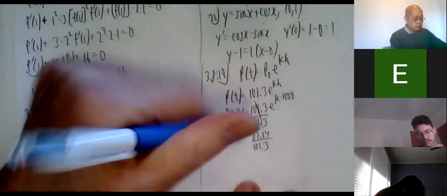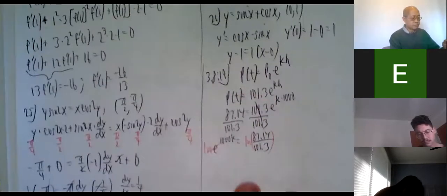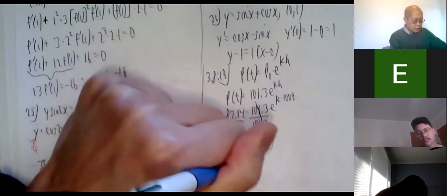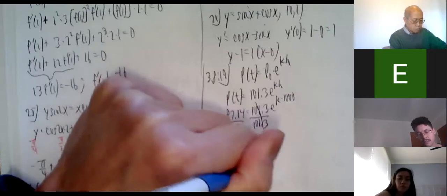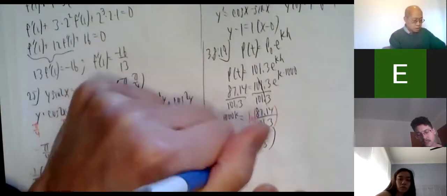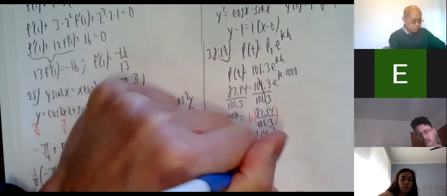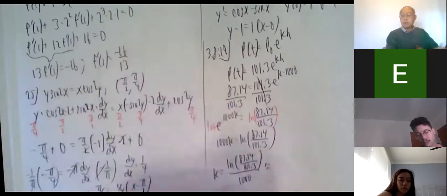Take the natural log. ln cancels out. 1,000 k equals ln 87.14 over 101.3. Divide by 1,000. k is ln 87.14 over 101.3 divided by 1,000.